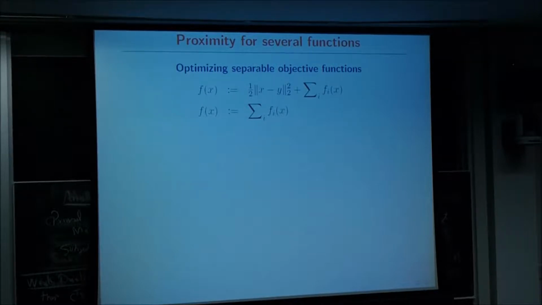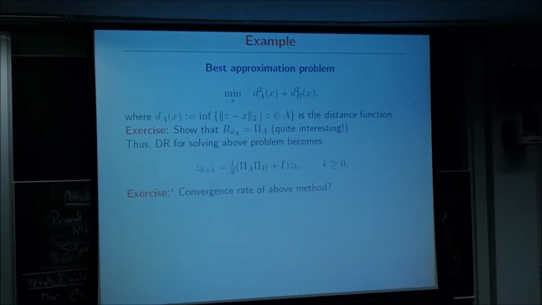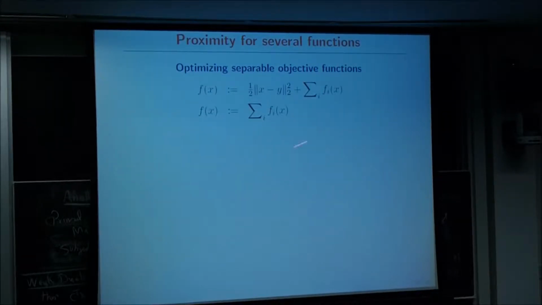Okay, so I have some more time, but I think I'll cover this next time rather than this time, because this will take us into a class of problems where so far we had only f(x) plus h(x), but now I have a sum of several of these guys.